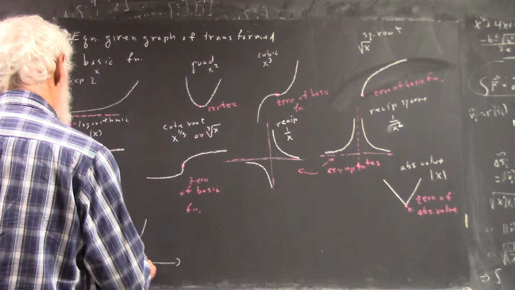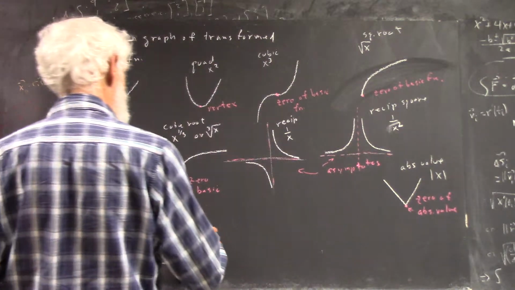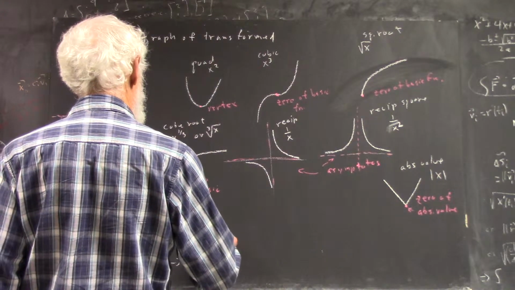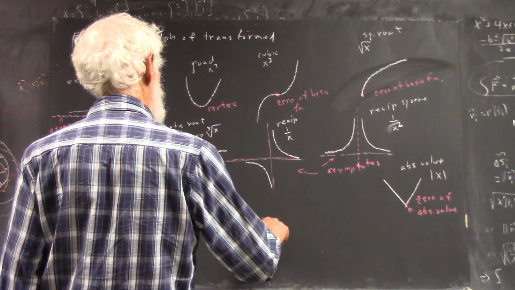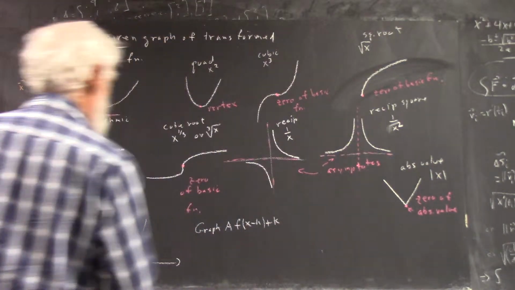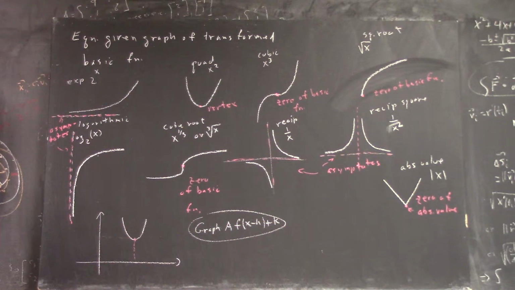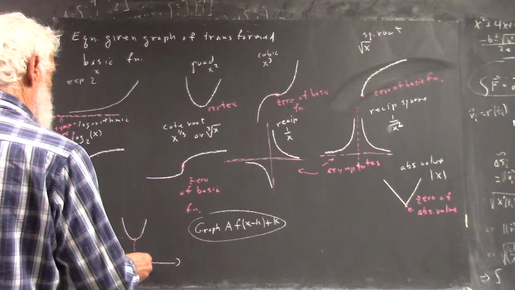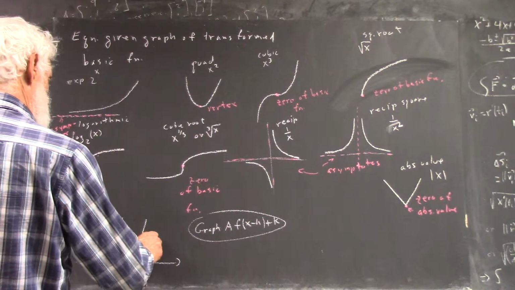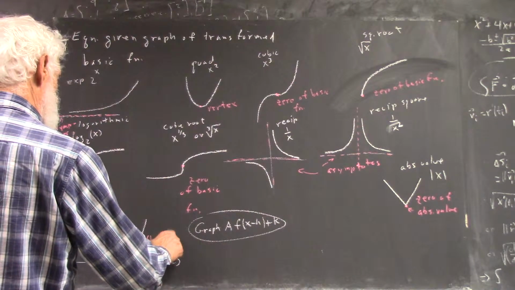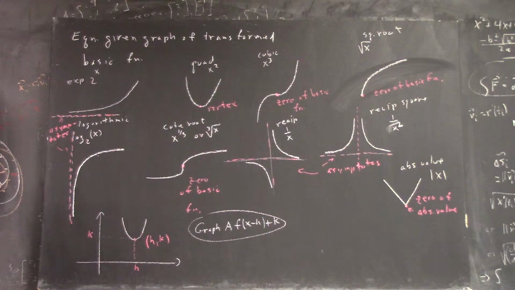Okay, so if the horizontal shift is h, so okay, if the graph is a f of x minus h plus k, in any of these situations, then this would be the point (h, k), h being the x coordinate, k being the y coordinate of the vertex.